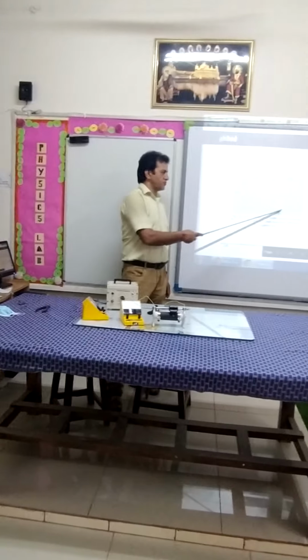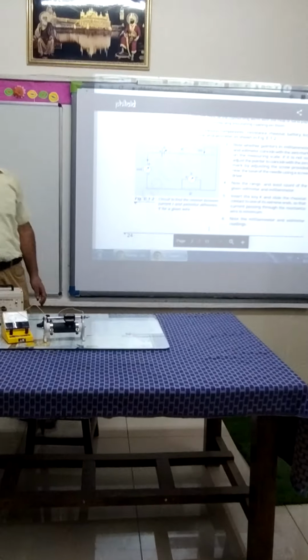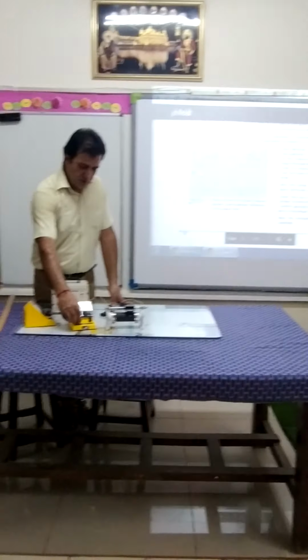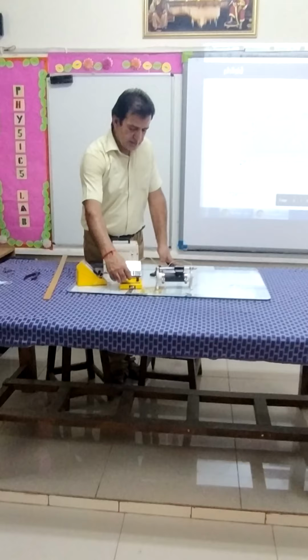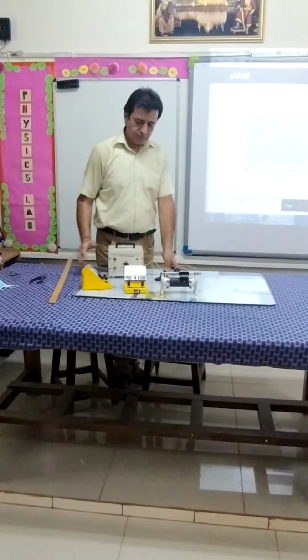The resistance wire is connected in parallel with the voltmeter, and we want to find the resistance of this wire as well as the specific resistivity of this wire.